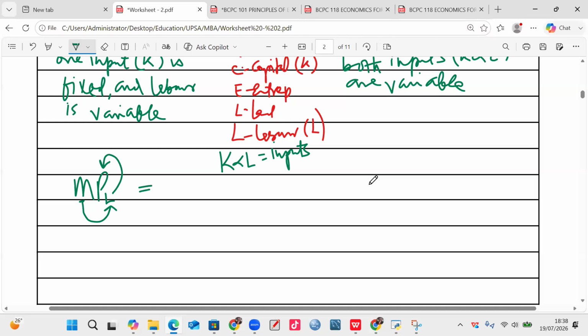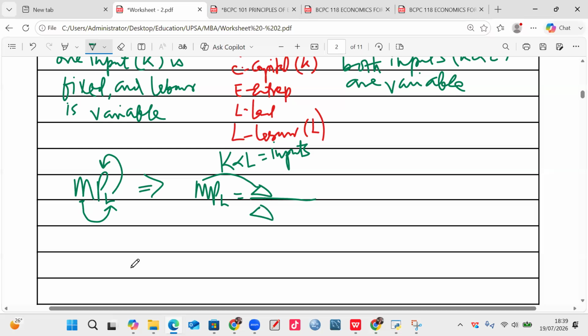Are you getting it? Yes. Marginal product of labor means if I add one more labor, will that additional labor increase my production unit or not? That is marginal product of labor. So as I said, when we say marginal product of labor, this marginal here means change in, over what?